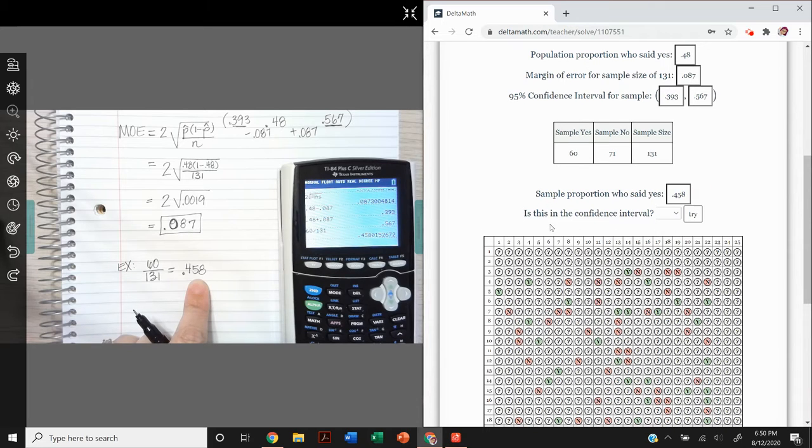Now it's going to ask me a question. I did all that work before, so why did I do it? Is this number that we just got in the confidence interval? If you can tell, 0.458, yes, it would fall in between these two numbers. So I'm going to click yes.